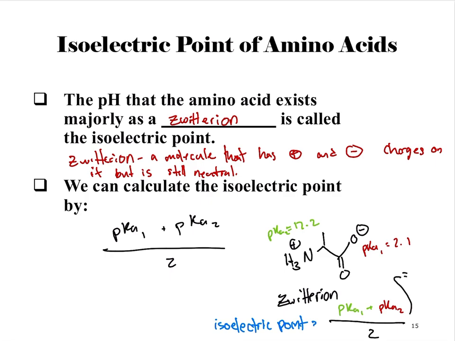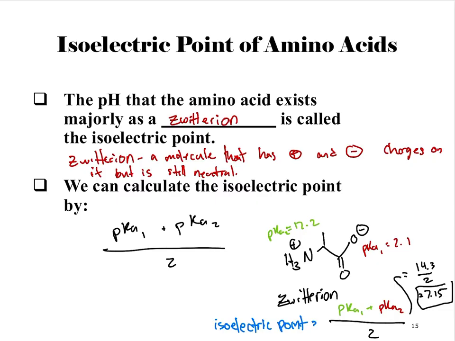And so that would give us 14.3 divided by 2, 7.15, which is really close to neutral pH. So methionine would be a Zwitter ion at biological pH, most likely.